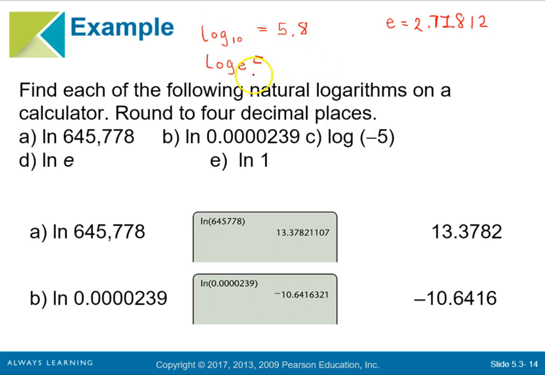We're using this base of e, and we're going to wind up with something over 13 because we're multiplying by this 2.7. So in these cases, it's pretty straightforward. Again, we're just going to use a different base. That's the difference. The thing we need to keep in mind is how those things operate. We need to keep in mind that one is log base 10 and the other, the ln, is log base e.